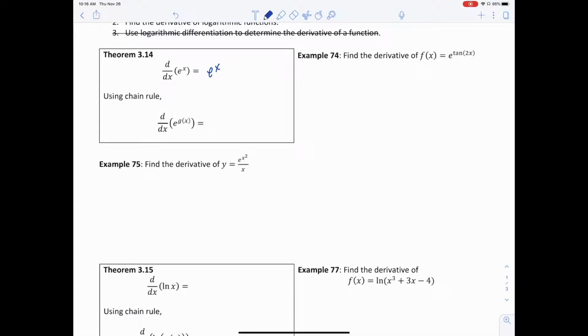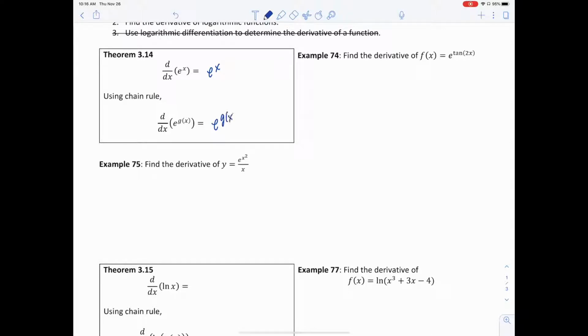I think that's the only function whose derivative is itself that I can think of off the top of my head. Okay, so that means for chain rule, if you have e to a function with x in it, it's like saying e to that same function.